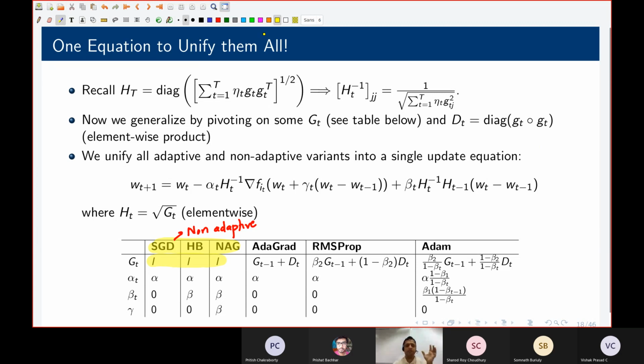Think of this G_t as the squared accumulator. Let me type. We are already 2 minutes beyond time. Yeah, squared.